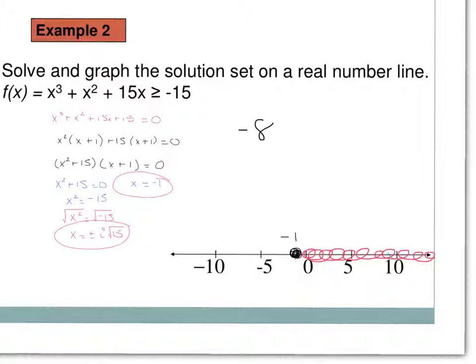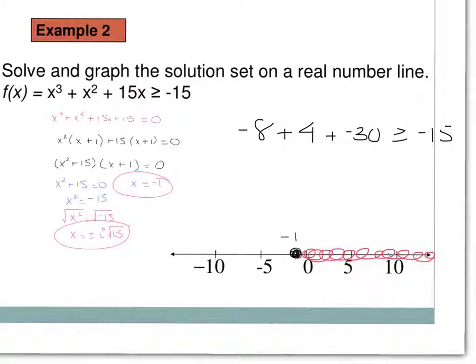I'll show you what I mean in just a moment when I talk about rational ones. When I square negative 2, what happens? Plus 4. And then 15 times negative 2 is plus negative 30. Is that greater than negative 15? No. We're going to get negative 34, and negative 34 is not greater than negative 15.